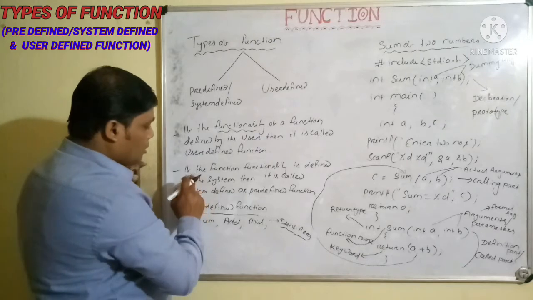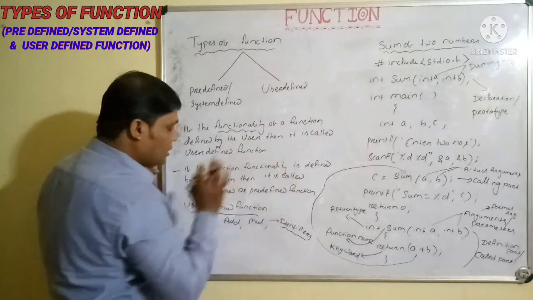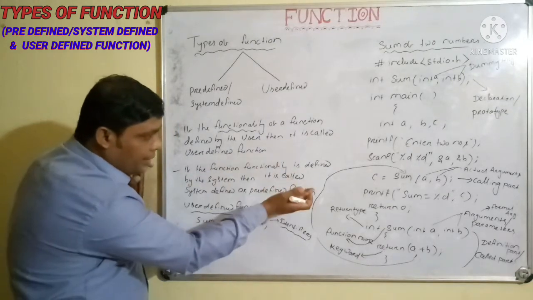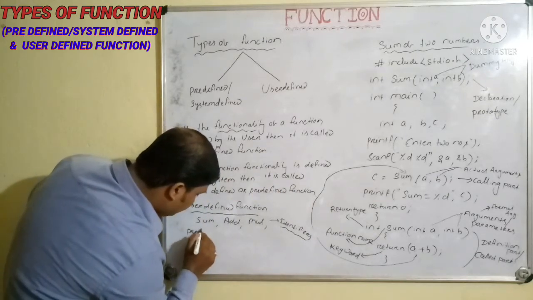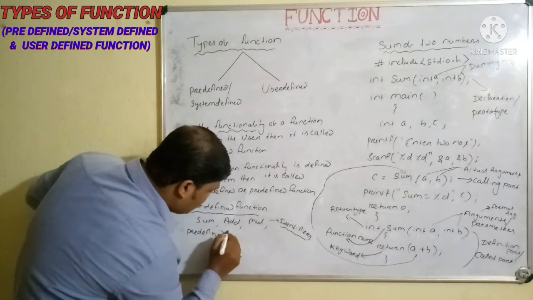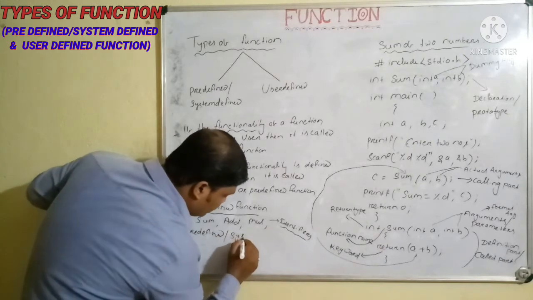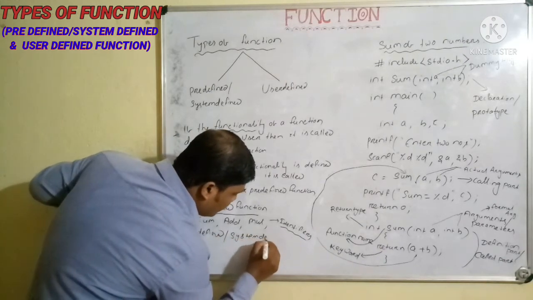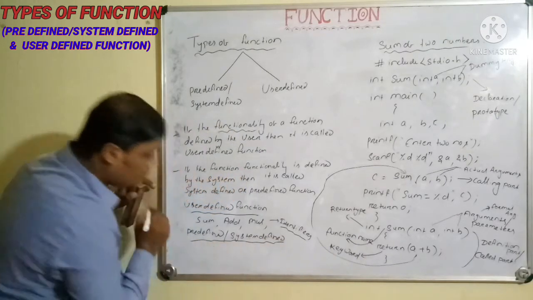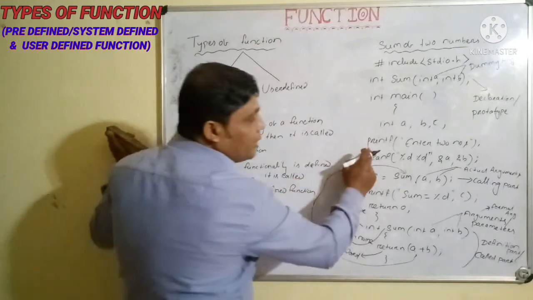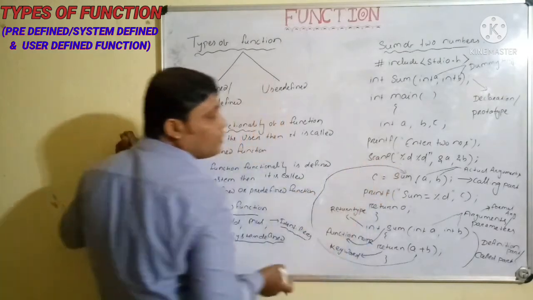Clear? Now come to predefined function or system-defined function. If the functionality of a function is defined by the system, this is called predefined or system-defined. What is the example? Here I have taken printf, scanf.